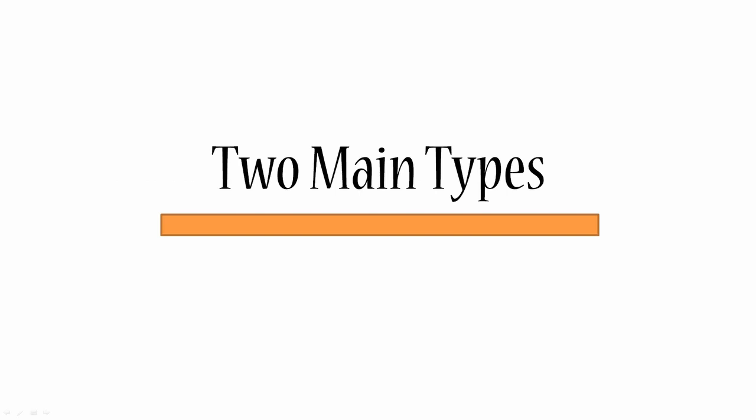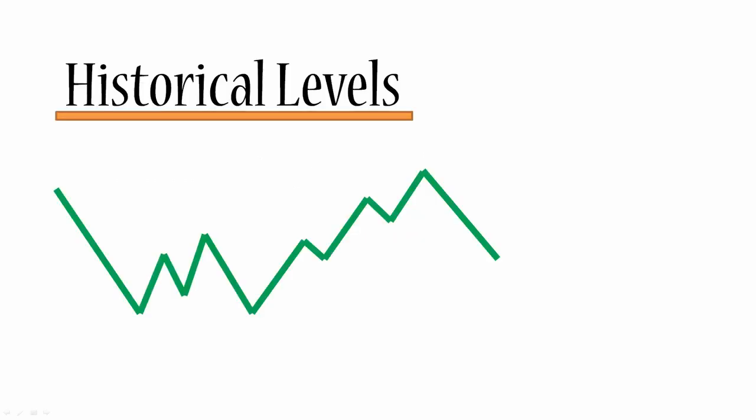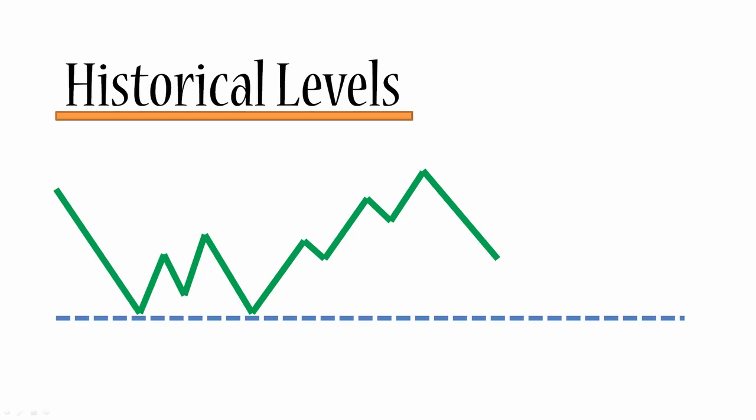Let's have a look at the historical type first. So historical levels. Looking at this chart, can you identify any horizontal lines that have been tried and tested by the price more than one time? We can see one of those lines right away. It's this horizontal support line, and the price tested this line over here at first, and then it came back to this line here.